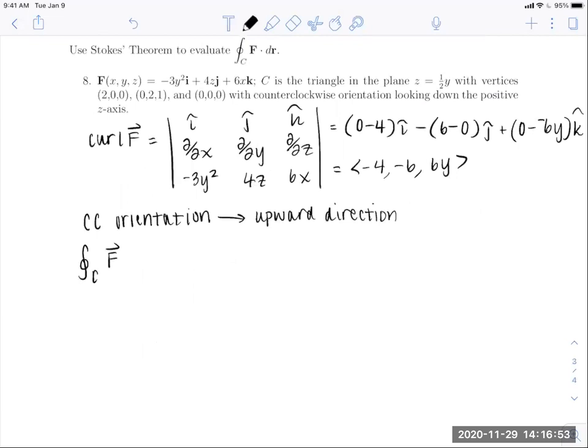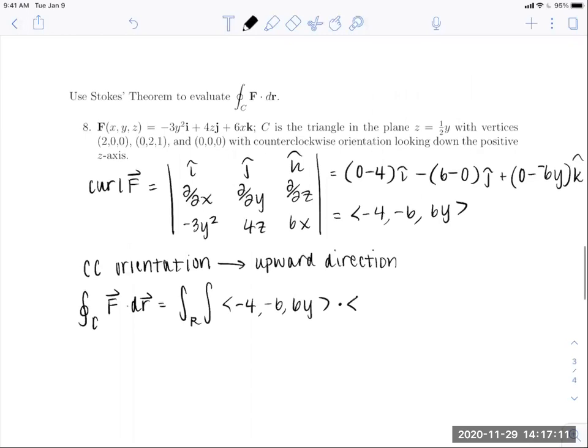So the line integral of F dot dr is instead going to be, we'll come back to our limits of integration, I'm going to set up my curl, which is negative 4, negative 6, 6y. And then I want to dot with negative partial z partial x. All right, so let's highlight. This is the equation we're looking at up here. You'll notice that there is no x term, so that partial is going to be 0.